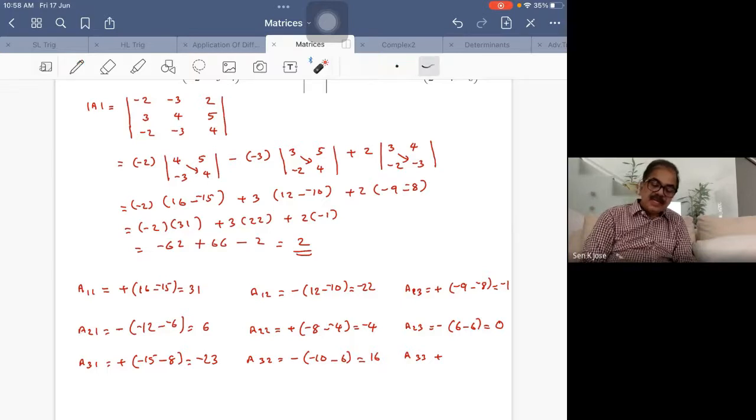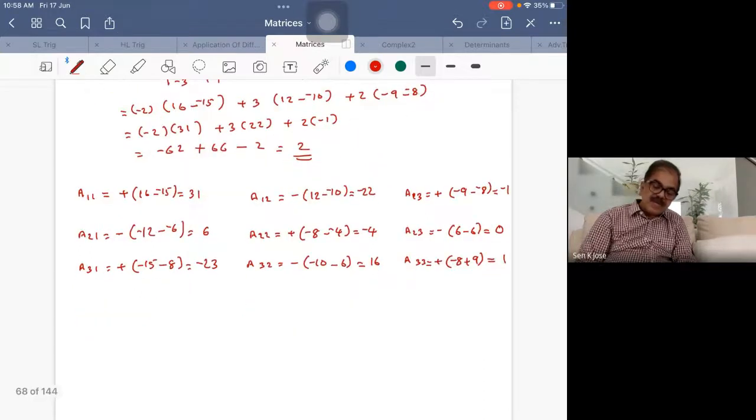Then A33, this is the element A33. Delete the row and the column it belongs to. Cross multiply, you will get -8 minus -9. One more time, we are looking for A33. I delete the row and the column it belongs to. Cross multiply, -8 minus -9 makes it plus there. So it's equal to 1.